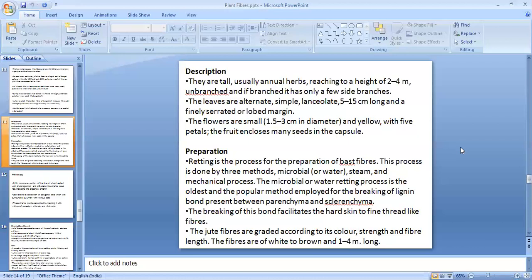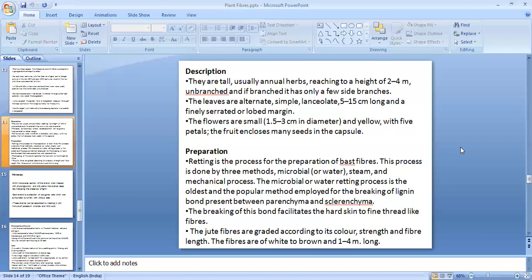So already we know the biological source consists of the phloem fibers. These phloem fibers are usually present in the stem branches. The straight unbranched stem branches of the jute plant are cut, tied and put into stagnant water for about 14 to 20 days.